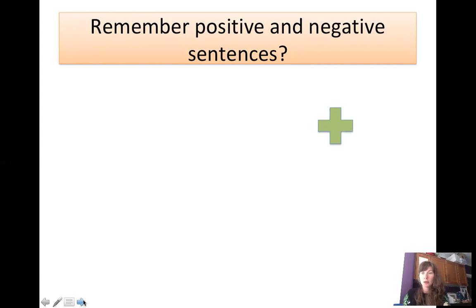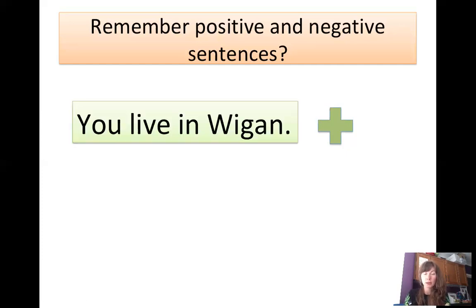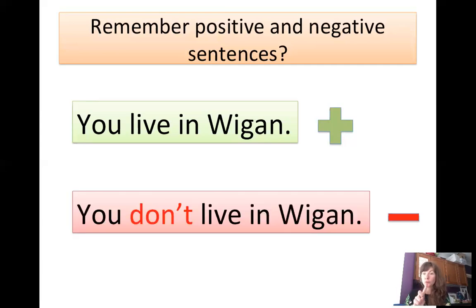The yes sentence, I have put a green plus sign here to show you when it is a yes sentence, a positive sentence. You live in Wigan. Easy, your house is in Wigan, you live in Wigan. A no sentence, you don't live in Wigan.